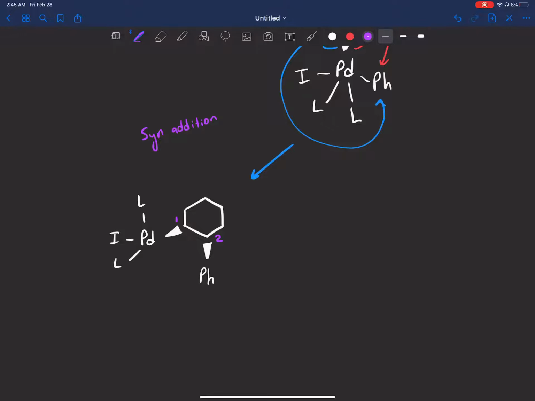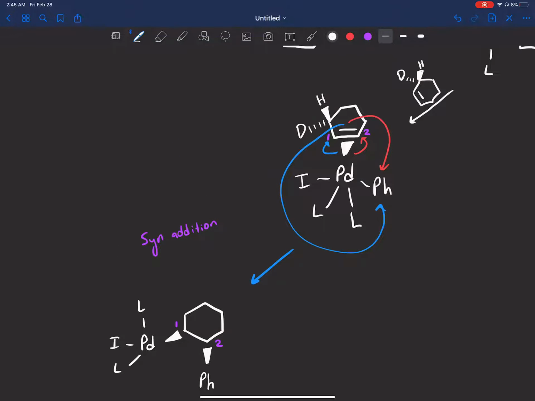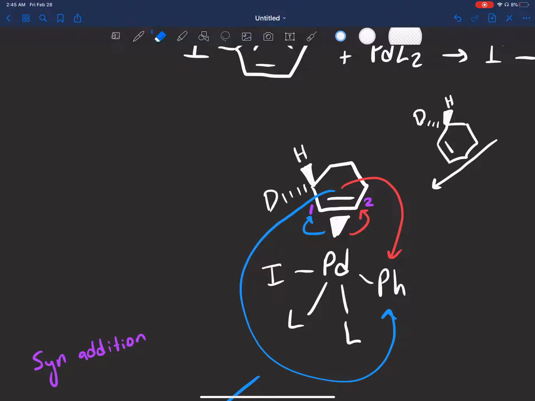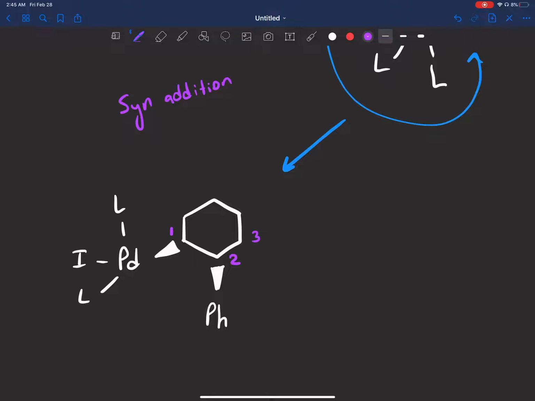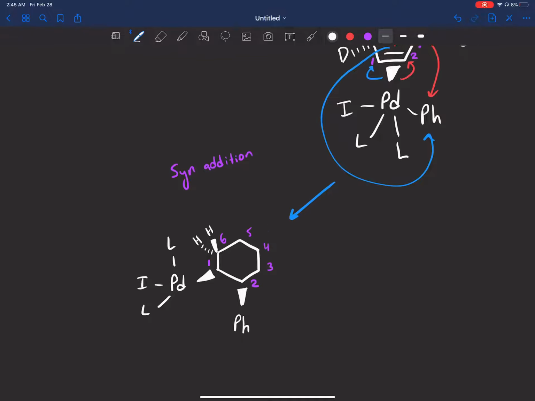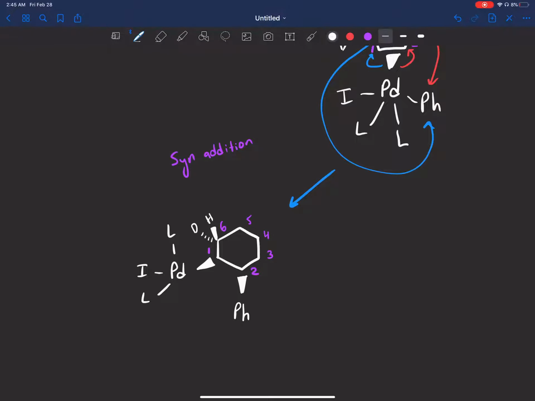Now, we still have our hydrogen, so let me renumber this: 1, 2, 3, 4, 5, and 6. Carbon 6 had that wedged H and dashed deuterium. So we did the syn addition.